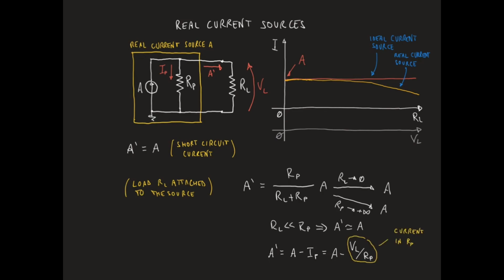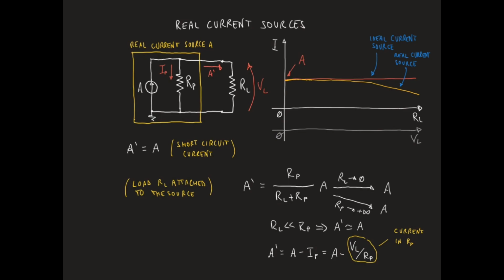This result shows that the current A prime flowing through the resistor RL, which is the current provided by the real current source, depends on the voltage across the load and decreases as the voltage across the load increases.